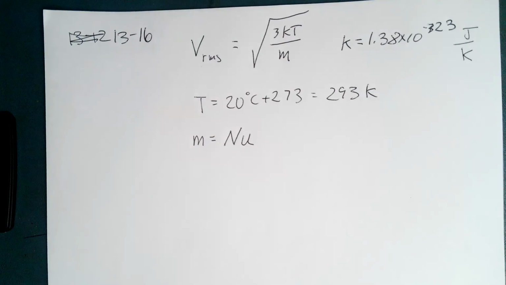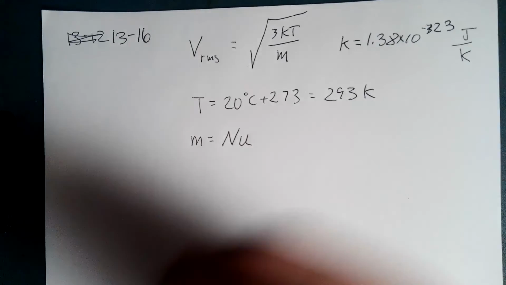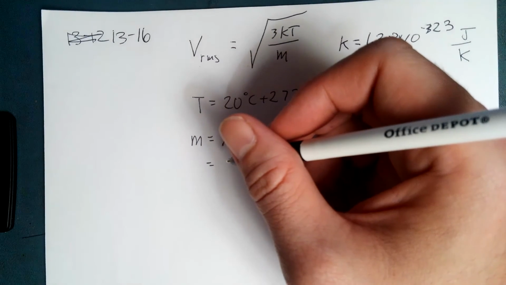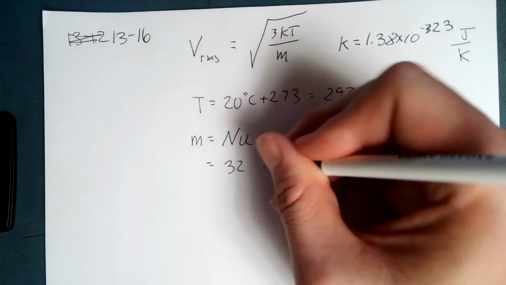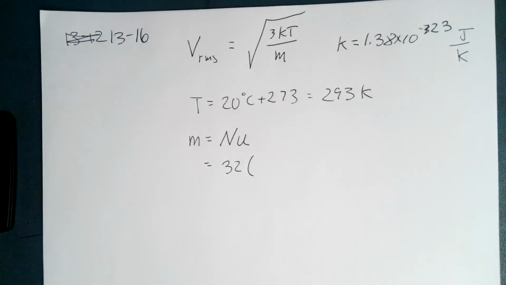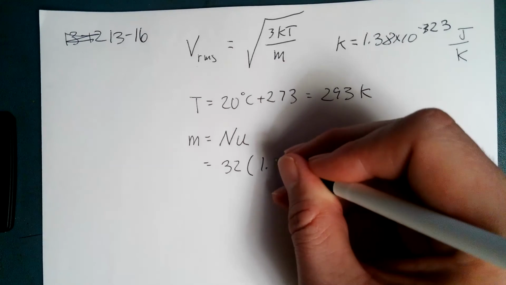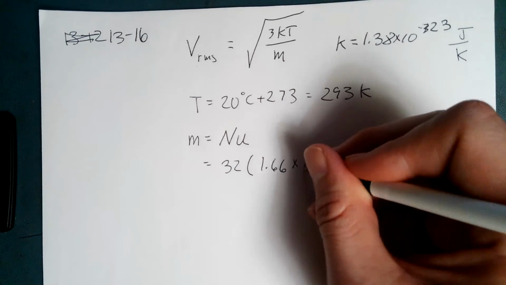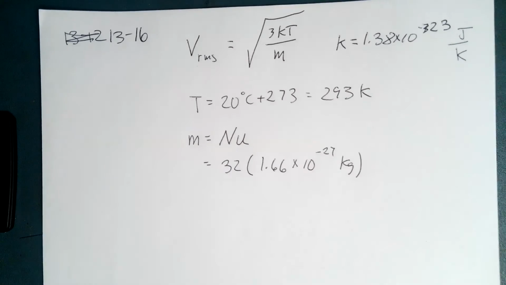I don't know the terminology here. Say for oxygen first, 16 protons and 16 neutrons, so that's 32 times, and this is in the front of the book, or you can look this up, 1.66 times 10 to the negative 27 kilograms.